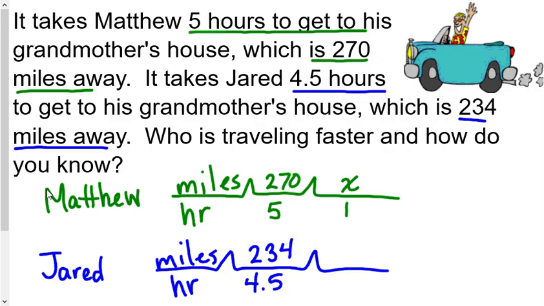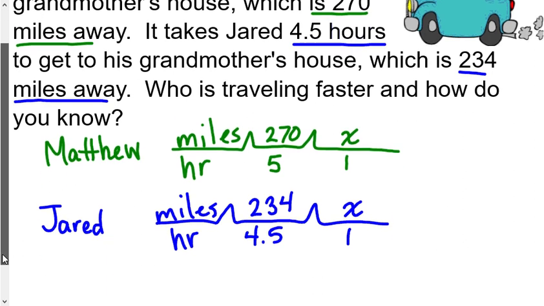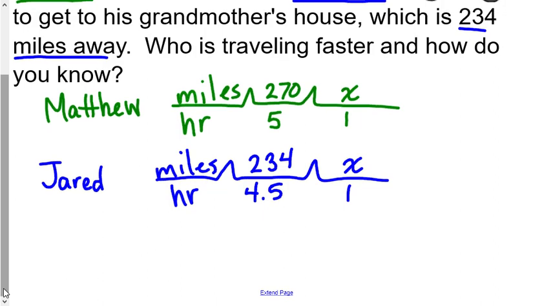Now, the reason we have to do something with this, we can't just compare them the way they are. What we have to do is find out how many miles per hour, how many miles in 1 hour for each of them, because then we can compare their speeds. Because if they're not going the same distance and they're not going the same number of hours, then we really don't know for sure who was going faster until we find out each of their speeds.